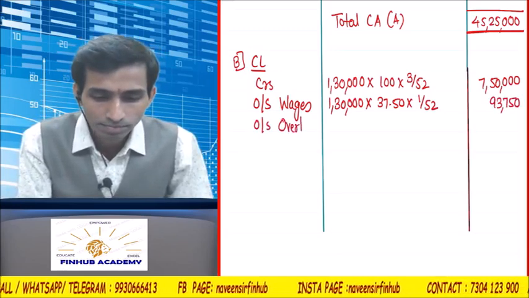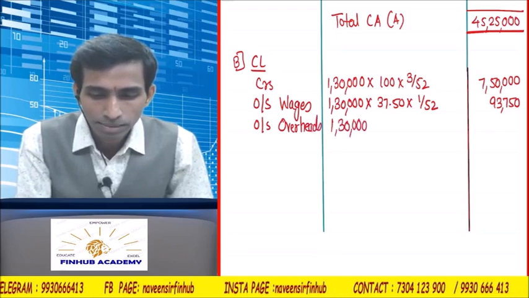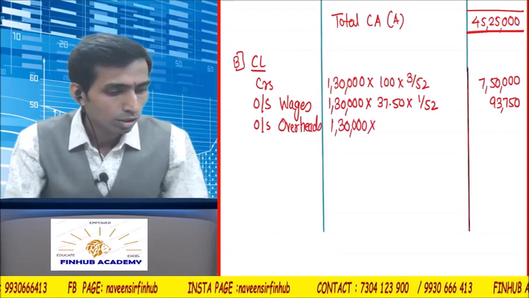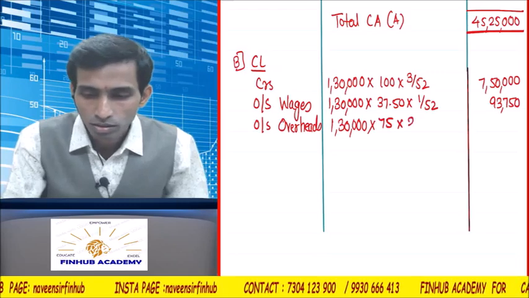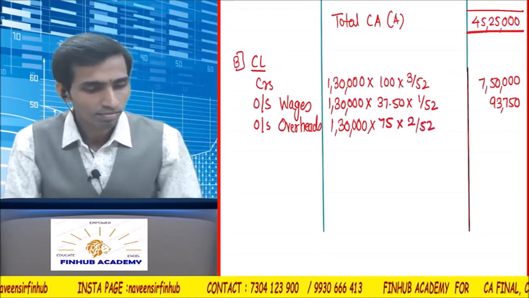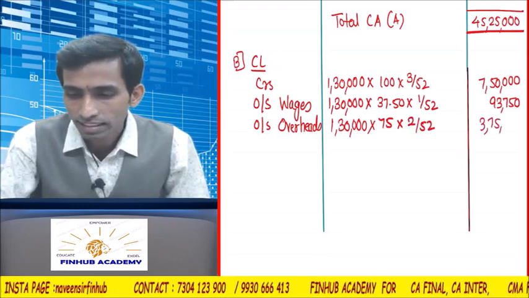Overheads are also outstanding, right? Overheads: 1,30,000 multiplied by 75 into 2 by 52. 3,75,000, right?